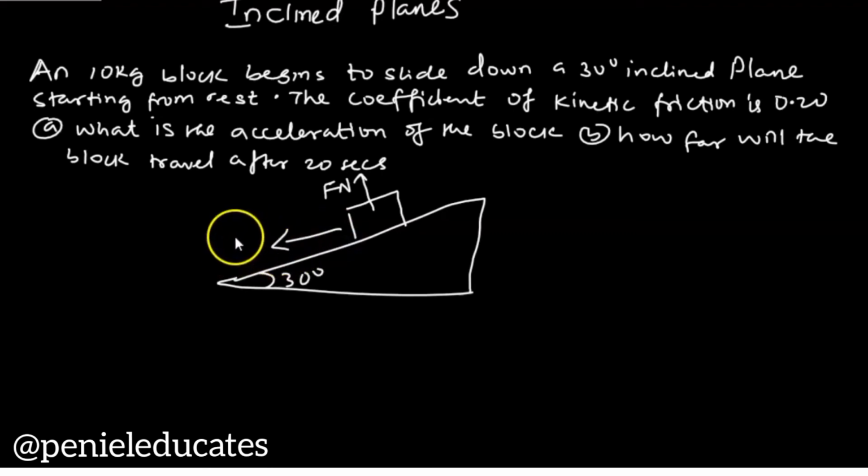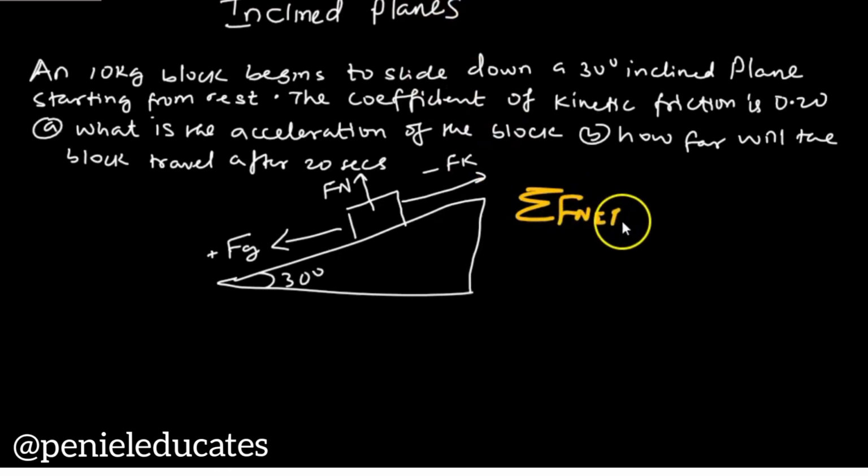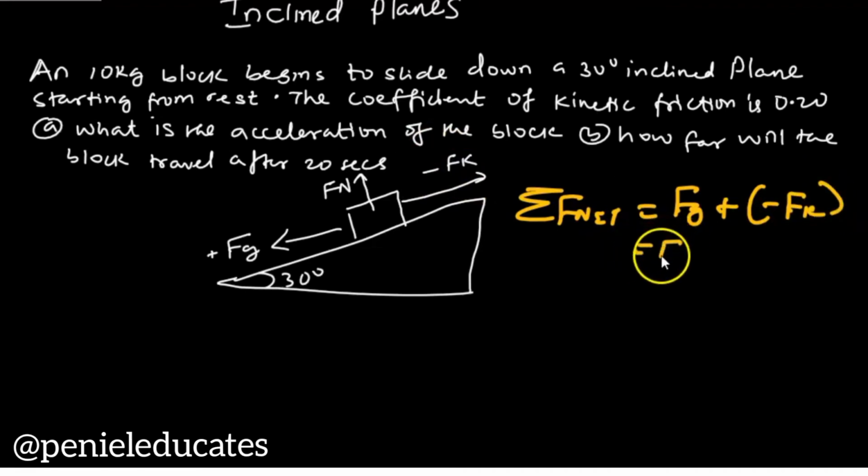So if it's sliding down, we have Fg, which is positive. Then we have the opposing force, which is negative kinetic friction. So our F net, the sum of the components, will be Fg plus negative Fk, that is Fg minus Fk, and this is ma.